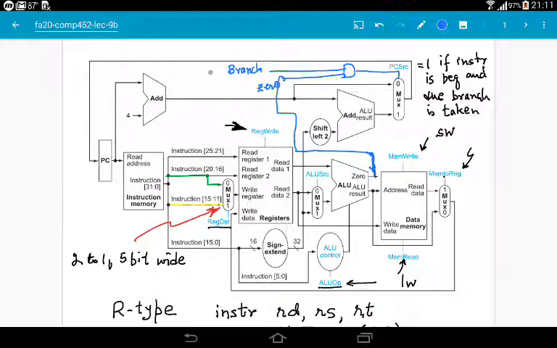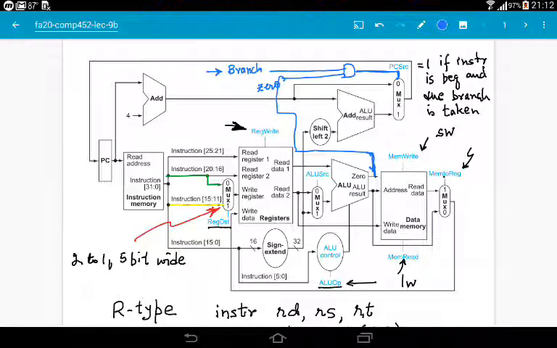The direct output of the main controller is the branch signal, and this branch signal is 1 when the instruction is branch if equal. And if the zero output of the ALU becomes asserted, which means that subtraction resulted in a zero result, then this signal also becomes 1, and when both of these become 1, the output of the AND gate becomes 1.